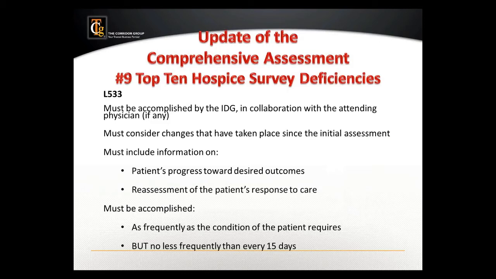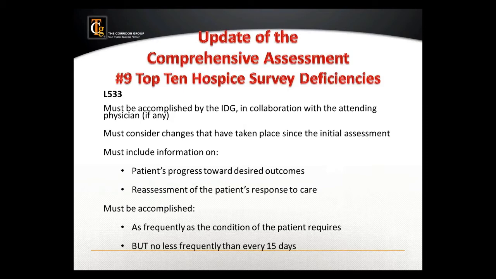Not all of the individuals are involved. Sometimes this is too nurse-driven, and it's only the nurse that's doing the update to the comprehensive assessment. Again, even if the social worker and the chaplain are not visiting the patient, are not actively seeing the patient, they still have to be involved in identification of the problems. That's what your comprehensive assessment is, so make sure that they're included.